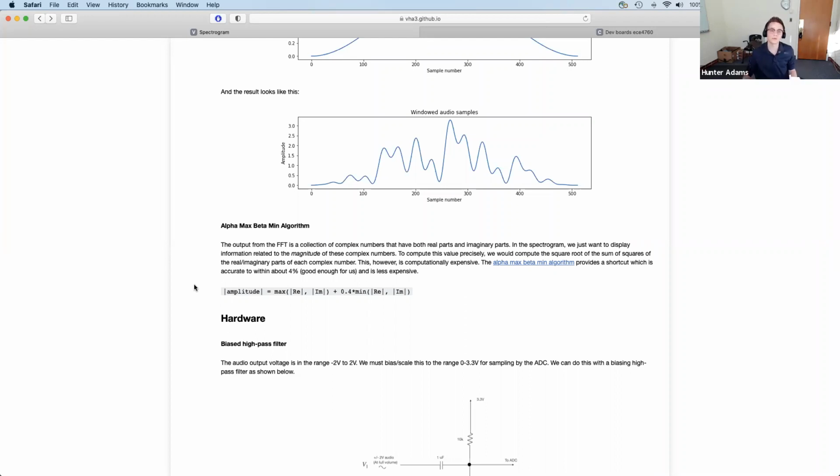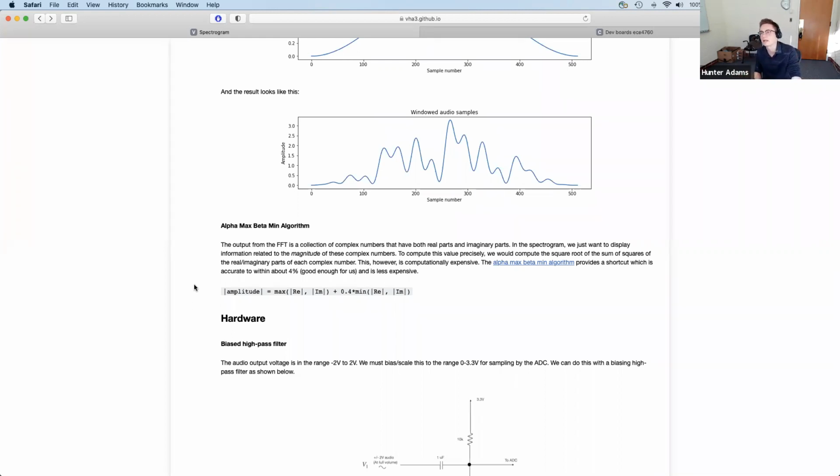And then a question to ask is, what range of frequencies is represented in each pixel of your spectrogram? And the answer to this is going to be, it's the Nyquist maximum frequency for your sample rate.